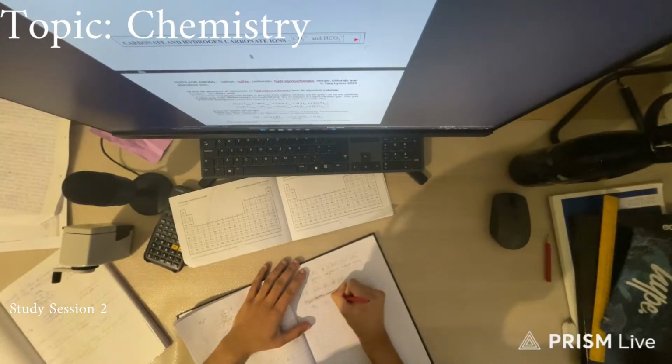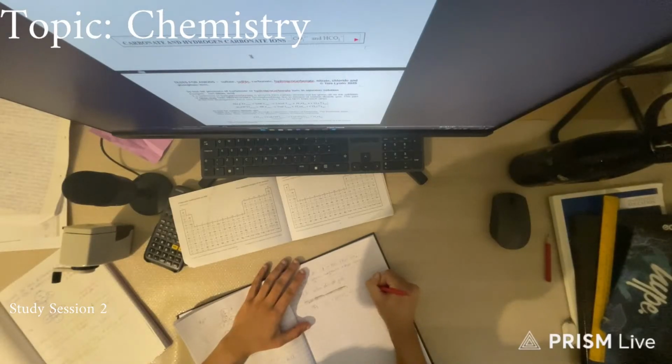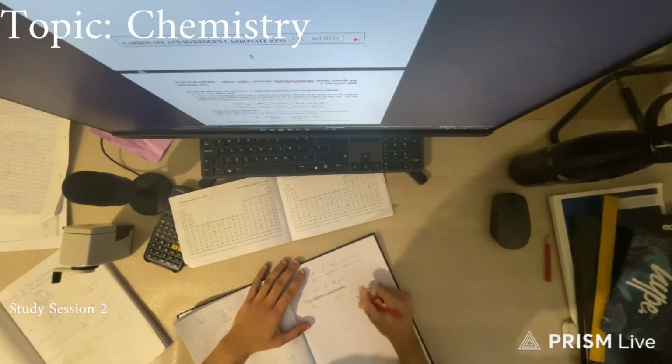CO2 plus calcium hydroxide, which is lime water, is going to give me CaCO3 plus H2O. So calcium carbonate, just a scum, a white precipitate.